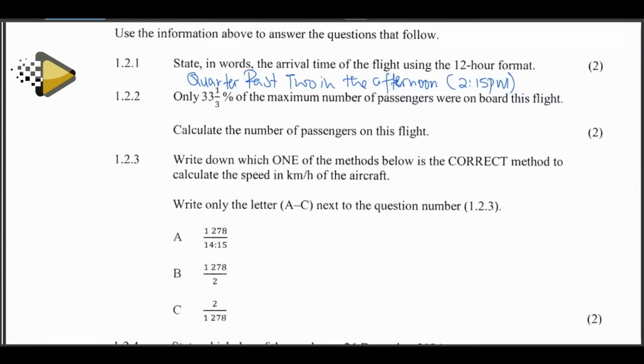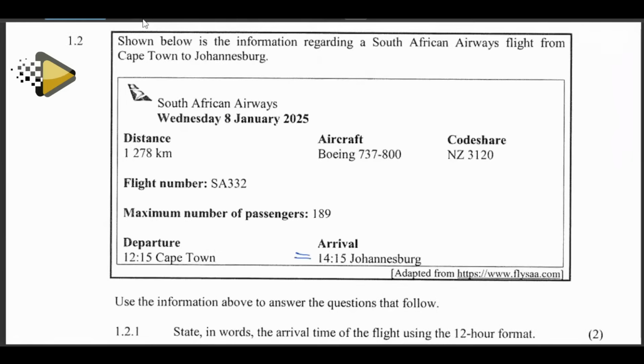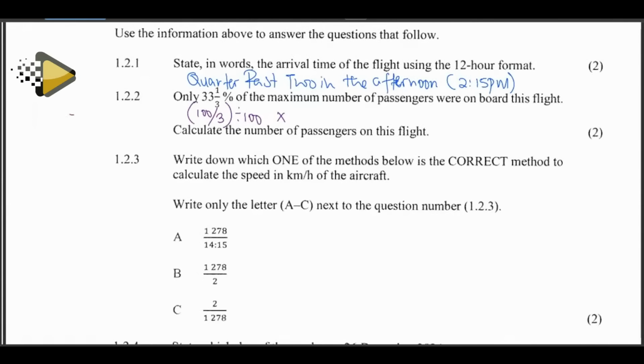But remember, it's still a percentage, meaning you're dividing by 100. So times the number of passengers, which is here 189. Doing only this gives you a quarter and the answer became 63. It gives you a third, not a quarter, a third.